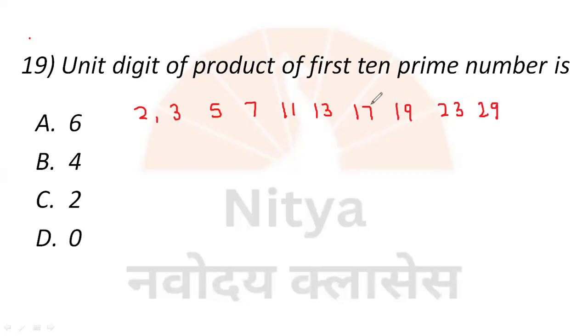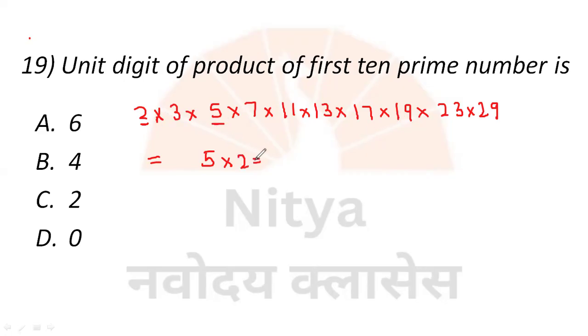These are the first 10 prime numbers. So product means you have to multiply. Okay. So see here, one easiest method is you can see the 5 here. If you can see the 5 here with any even number, see there is a 2 and 2 is there, so that is an even number.